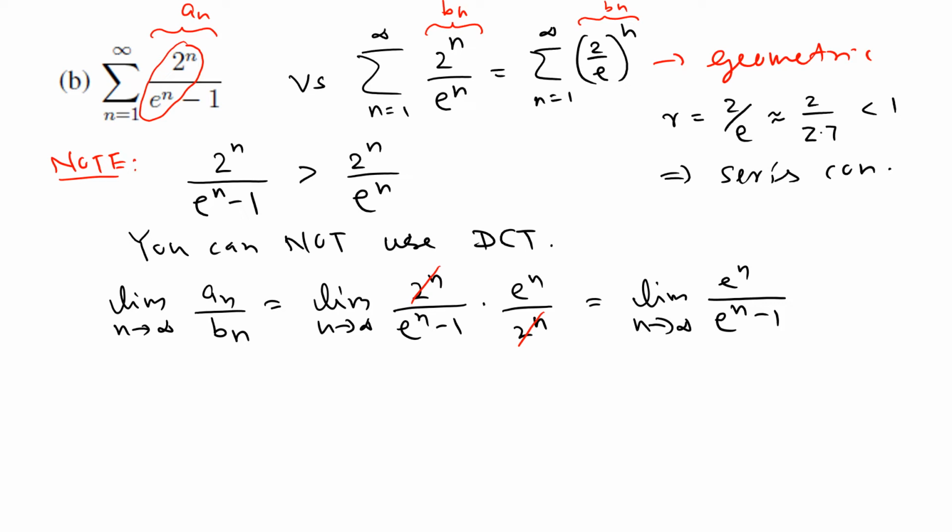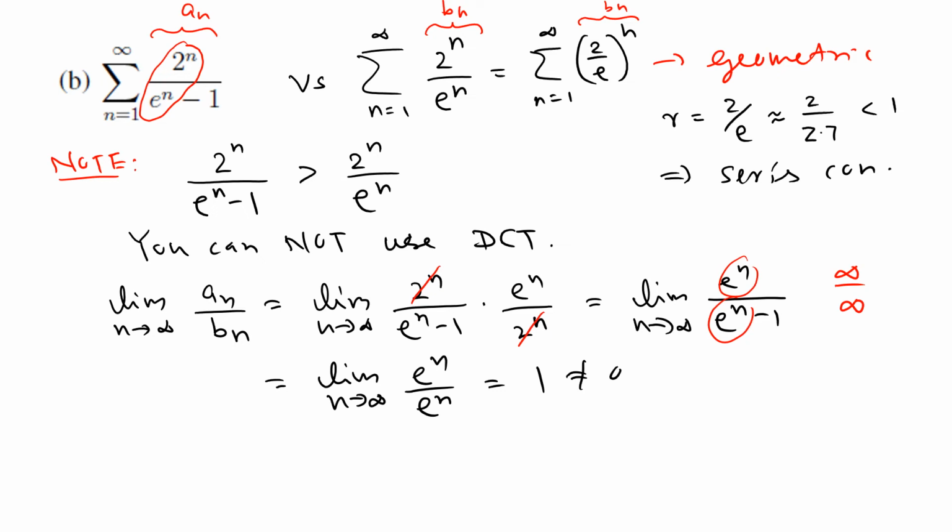So you may consider it's like an infinity over infinity situation and try to use L'Hopital's rule. You don't need that heavy math here, because this is just minus 1, it's just a constant. So that means you only need to look at the dominating terms. So this limit exactly equals, not approximation, it's exactly equal, because we are talking about the limit, to e^n over e^n. That means 1, which is not equal to 0.